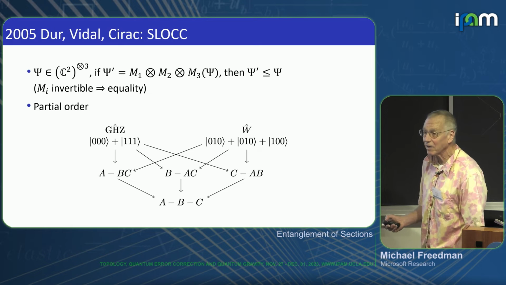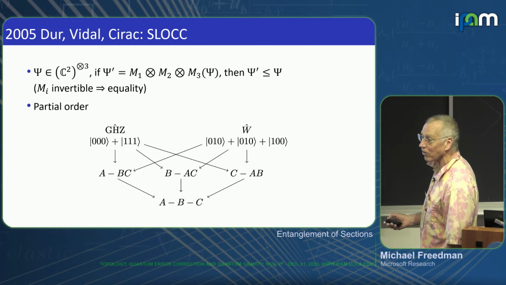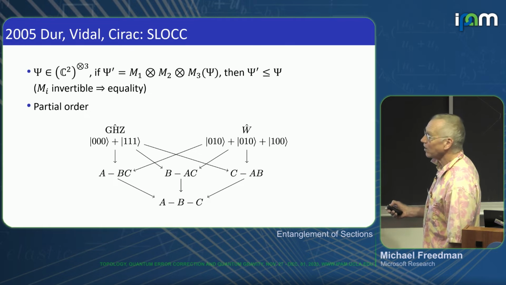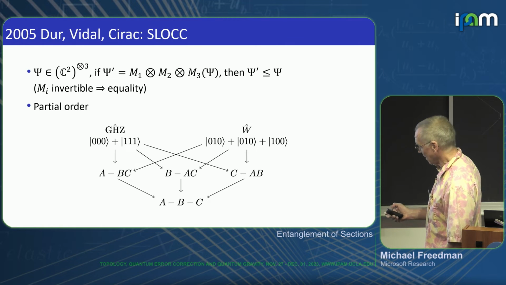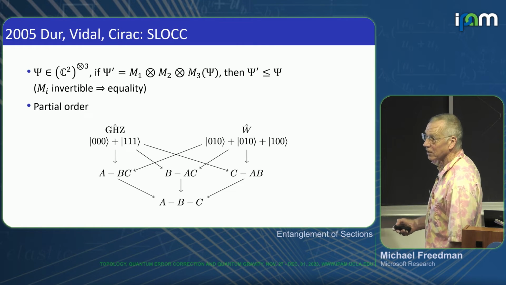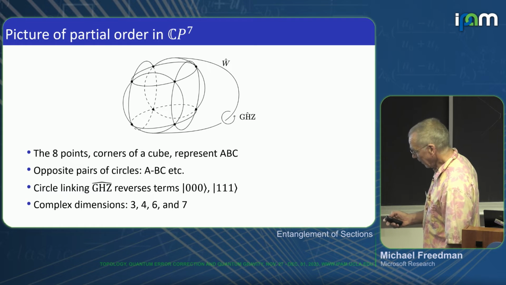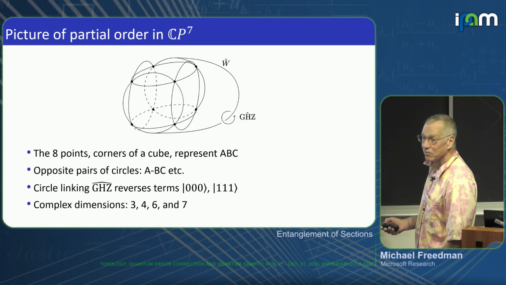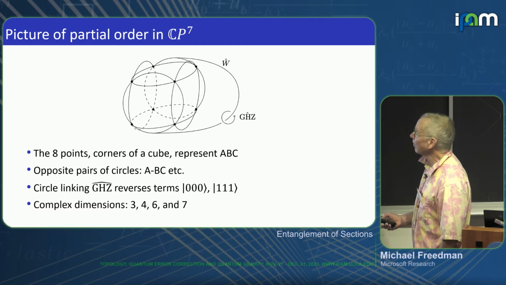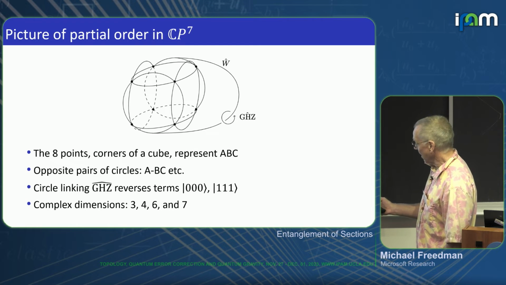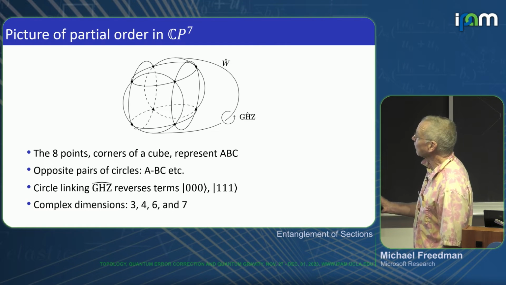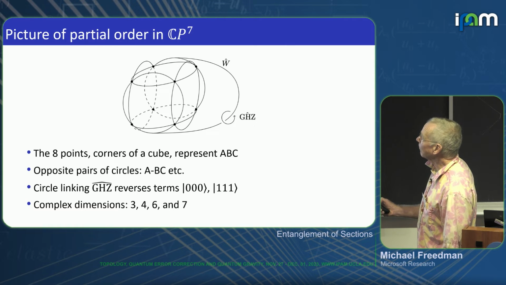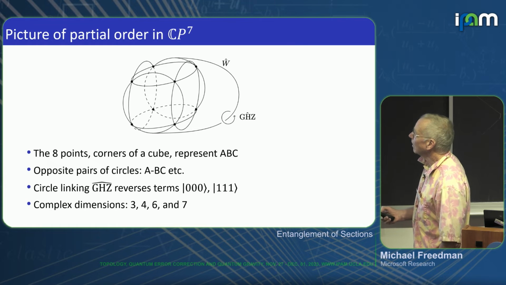and each is exemplified by a famous state that physicists had thought about earlier, the GHZ state and the W state, and they represent different classes. And it turns out that the GHZ is open dense. That's the biggest possibility. And this is a little cartoon, but I found it extremely helpful. It's a picture of these states in CP7. So CP7 is a picture of the whole partial order. CP7 is C8, which is the dimension of the tensor product, projectivized.